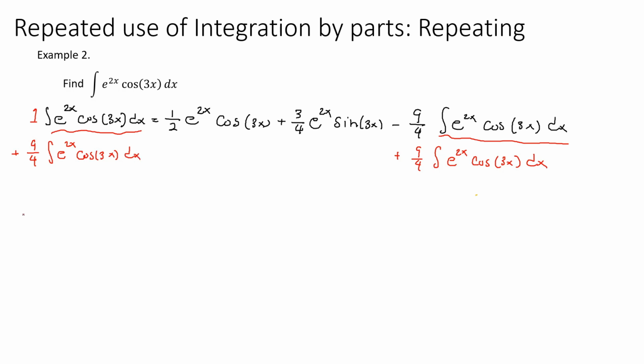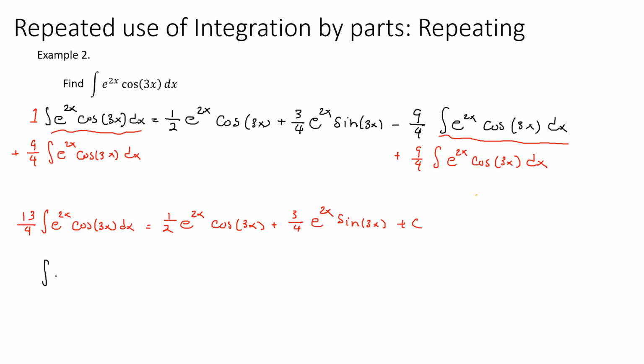So we should have 13 over 4 integral of e to the 2x cosine of 3x dx equal to 1/2 e to the 2x cosine of 3x plus 3 over 4 e to the 2x times sine of 3x plus c. Now our goal is to solve for one integral. We have 13 over 4 of them, so we're going to divide it to the other side.